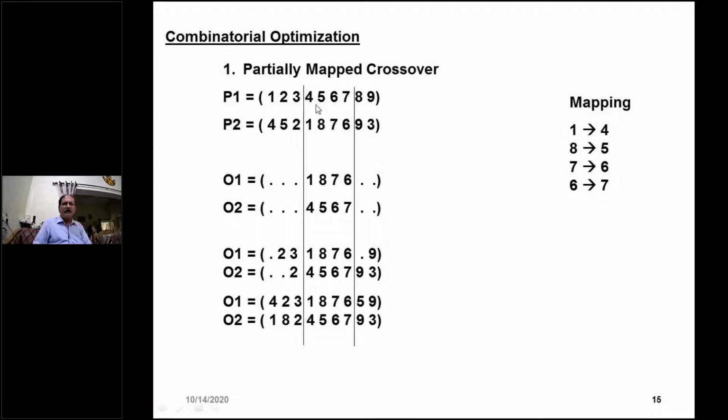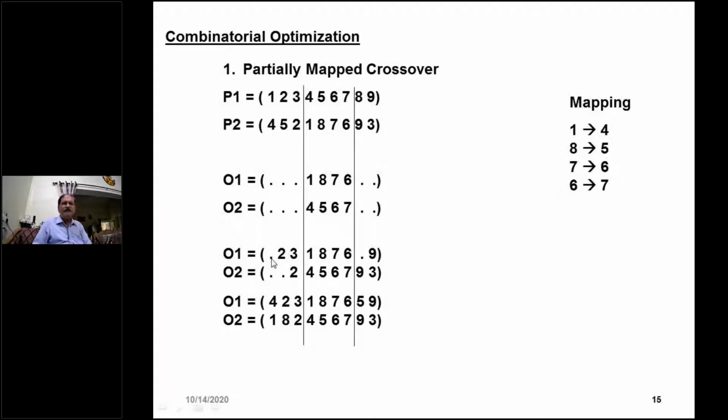Now look at the first one, 1876. Within these closed lines, 2, 3 and 9 are not appearing, so we place them as they are, 2, 3, 9, and the other positions are not to be placed yet.